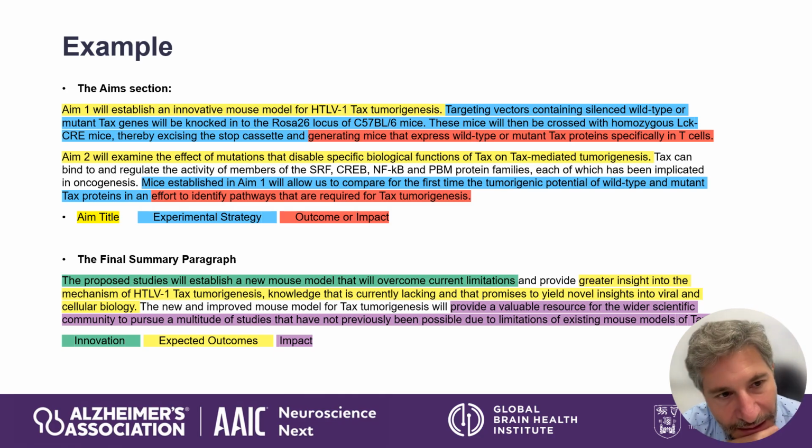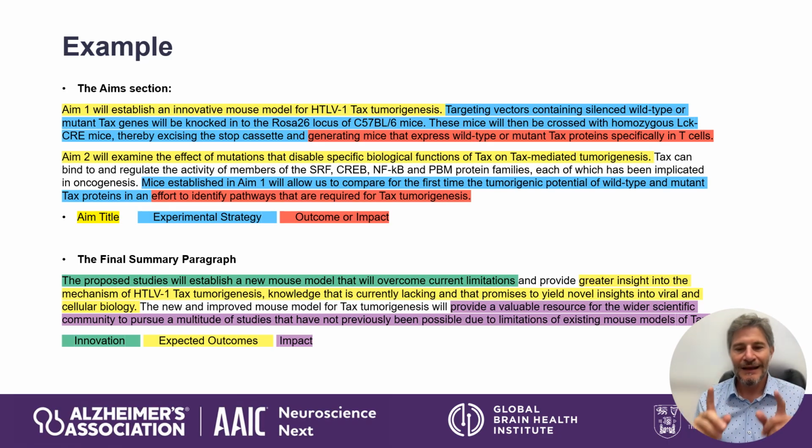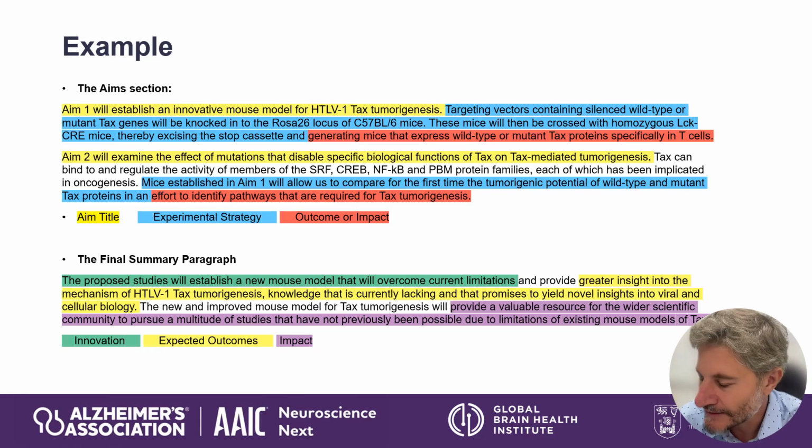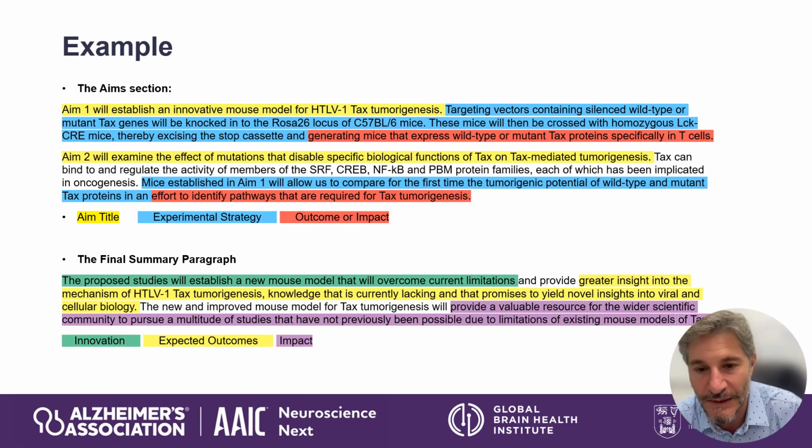The same for the aims section and the same for the final summary paragraph. Let's be sure that when we have our session, you bring your own ideas already and try to talk with your fellows to understand the other projects, how they frame the aims page, share your own aims page, and get feedback. So you start to think about the inner structure of an aims page and how well your proposal is fitting that structure.